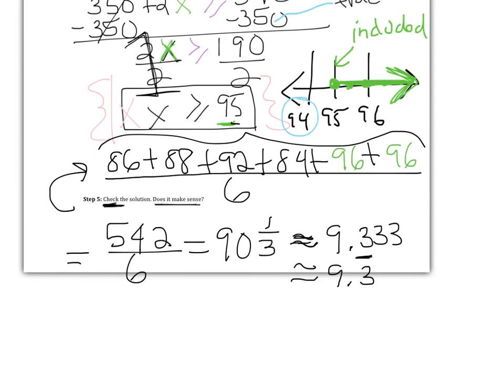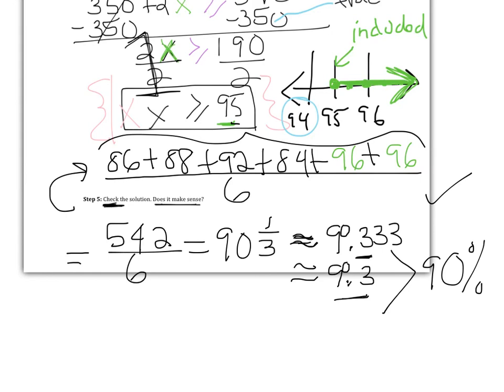And this makes sense because I just calculated my average, and this number is 90.333. That's greater than 90%. So that works.